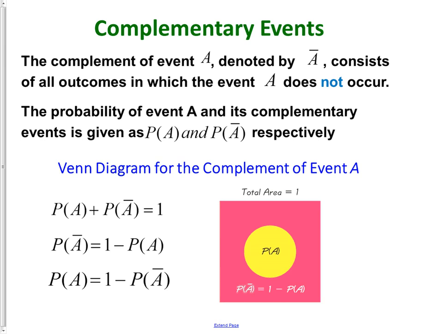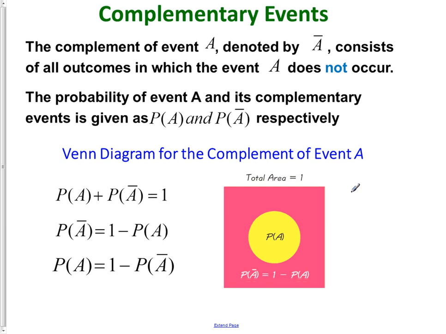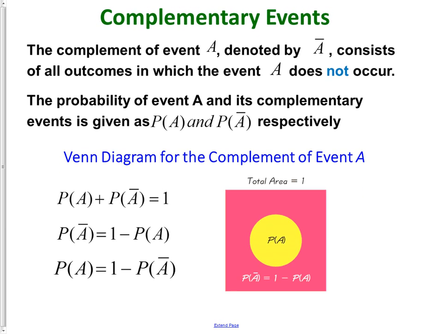Real quick example. Let's consider the event of rolling our die, and let's say that event A is the event of rolling a 3, as we said before. We said that the probability of event A was 1 out of 6. What if we ask, what is the probability of us not rolling a 3?